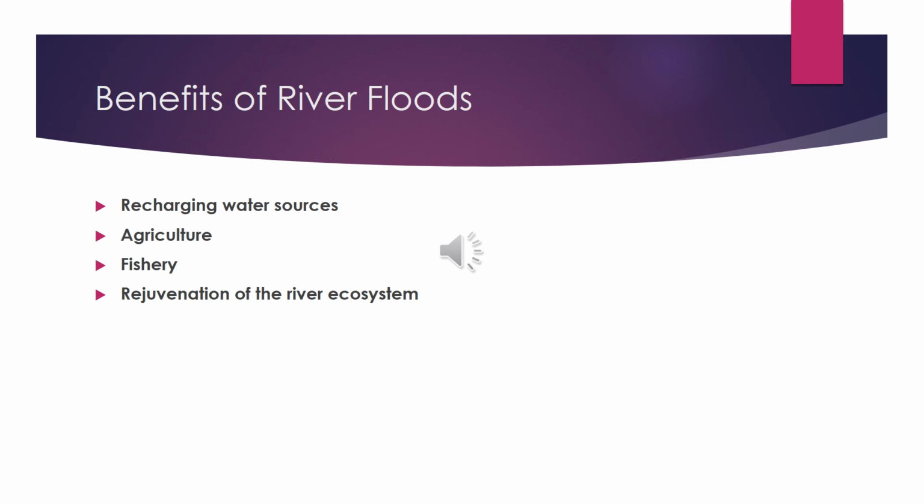Now how does it affect the fisheries? Now a river basin is an ecological unit which is providing habitat to a lot of animals. So a variety of species in our aquatic system would be thriving.